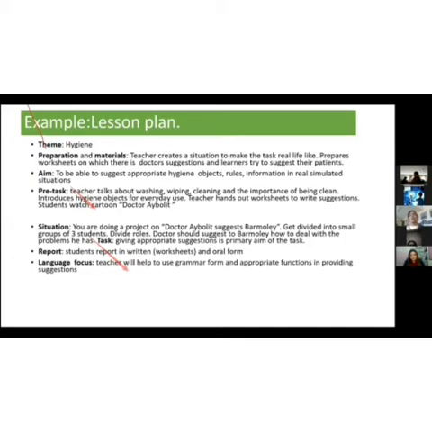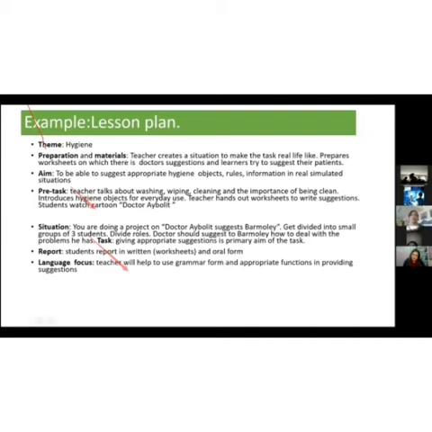I would use doctor's suggestions, how to suggest someone to do something. The teacher creates a situation to make the task real life and prepares worksheets on which there are doctor's suggestions, and then they start to suggest to their patient. The aim of this lesson is to be able to suggest appropriate hygiene objects, rules, information in real simulated situations.